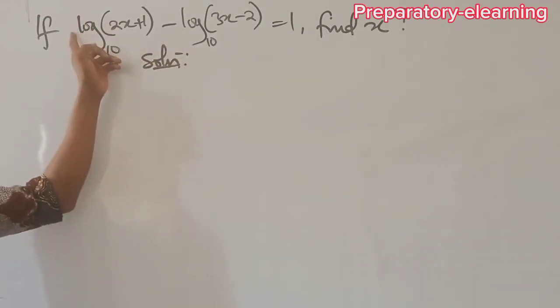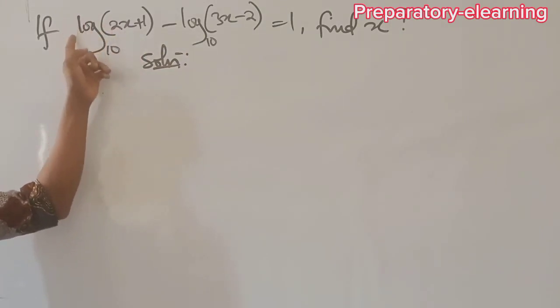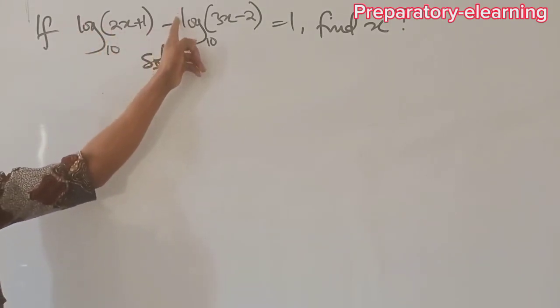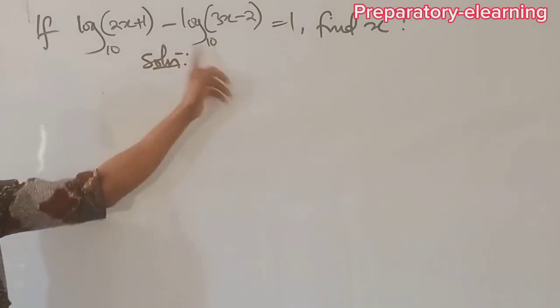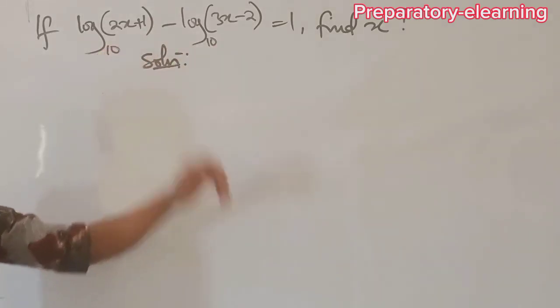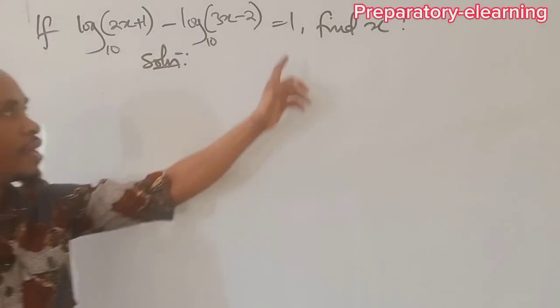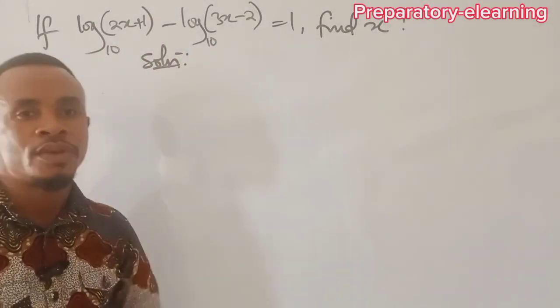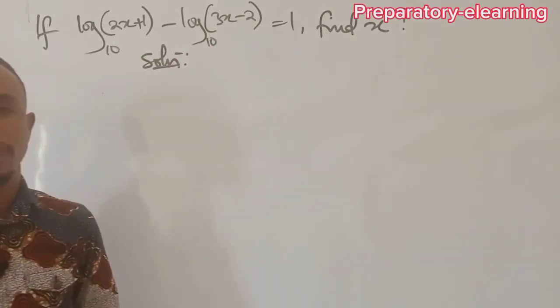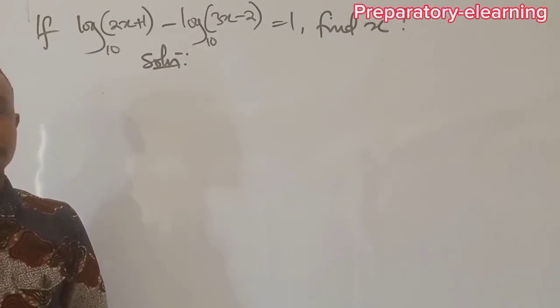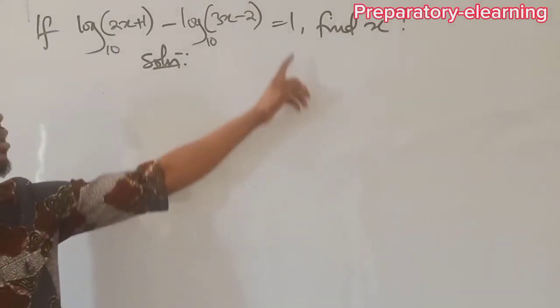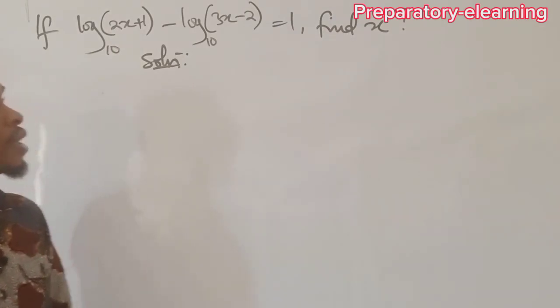There is no number behind the log, but we have the bases as equal, so we apply the law directly. But over here, equals to 1, we know that log 10 base 10 is 1. Log of a number to the same base is 1. So we replace this 1 with log 10 base 10.